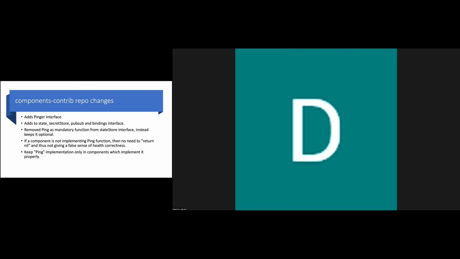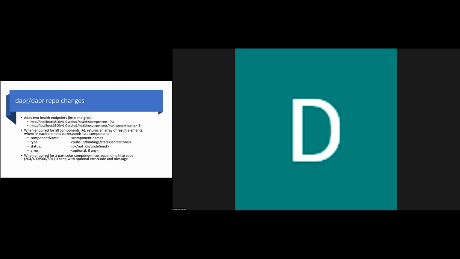So it could give a false sense of health correctness, which is wrong. So we have made it optional, and only those components which implement ping correctly would implement it. Otherwise, we will return that the ping is not implemented. This was one of the changes in the component contract.